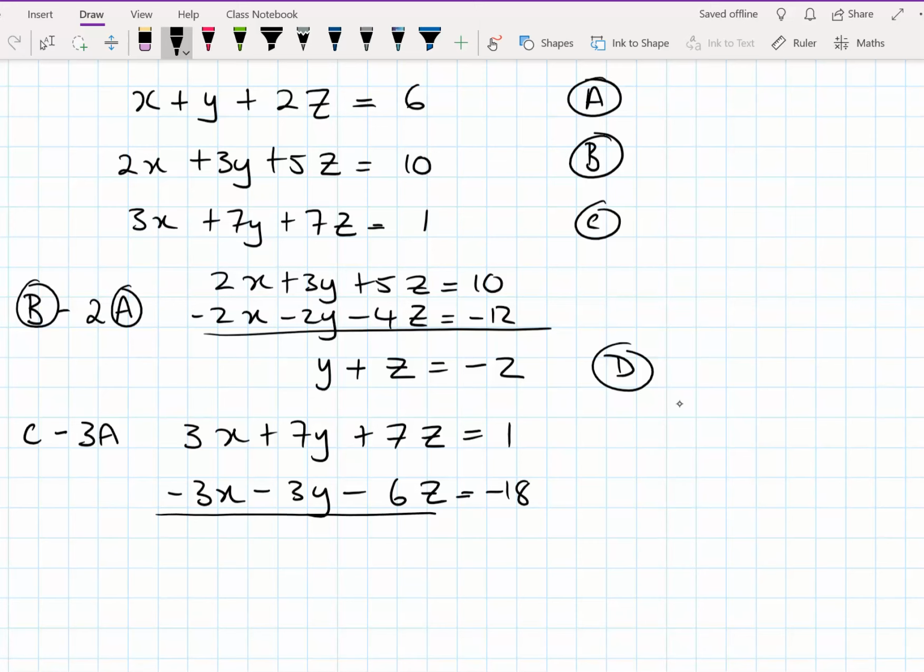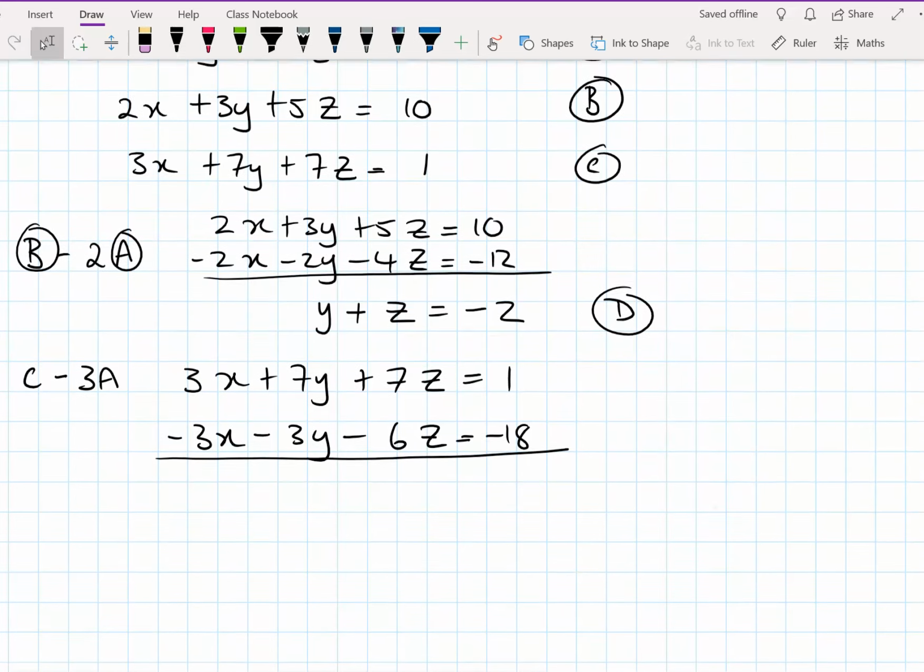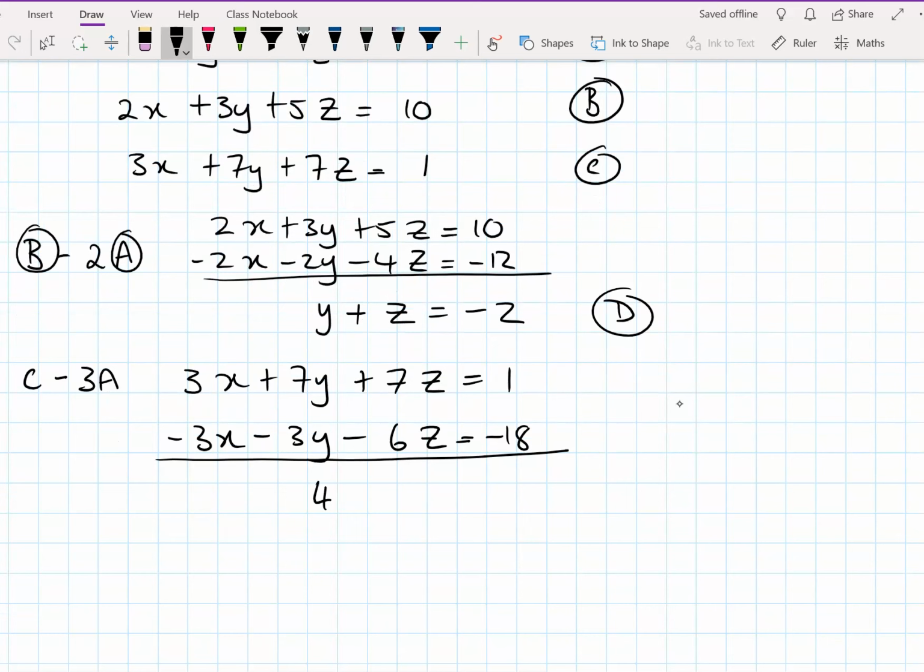Now if I go and add those two together, my x's are going to go. I'm going to be left with 4y plus z is equal to minus 17. So I've got a second equation now with two variables in it.